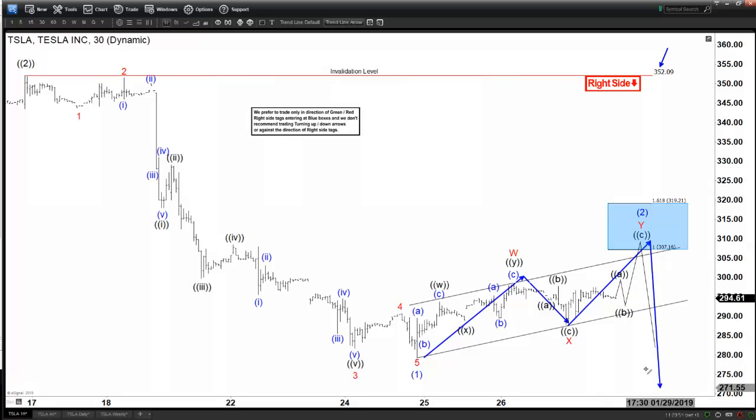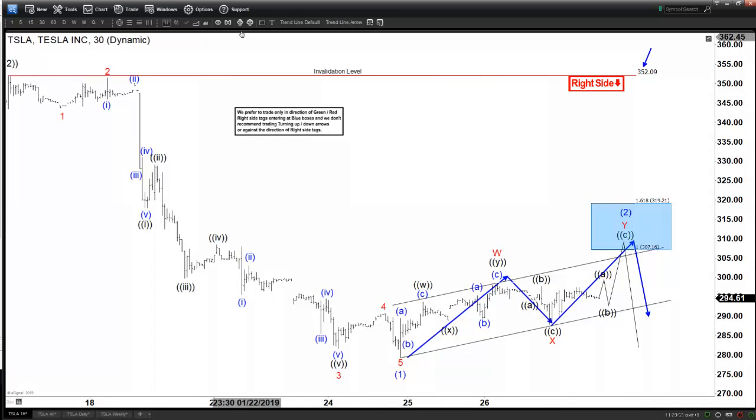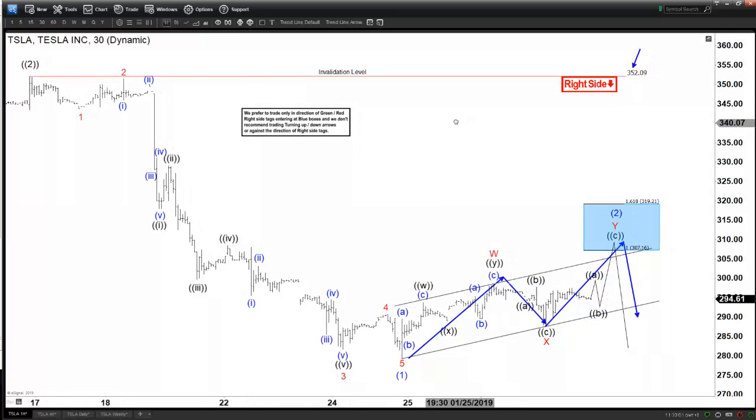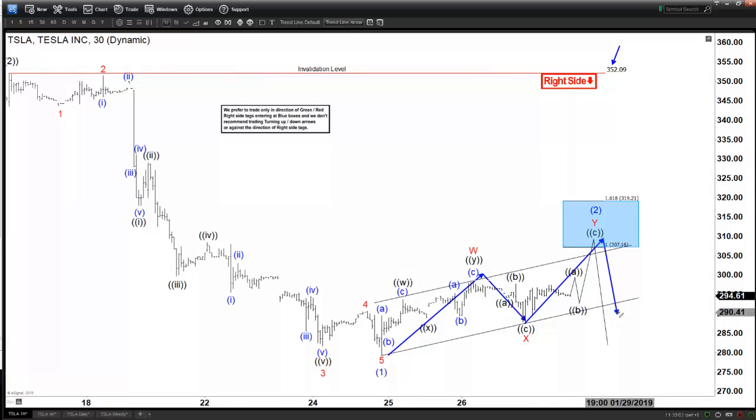Of course, we can also do a bigger correction. For example, we can do something like this and do another 3 waves up from here, and therefore we get another 7 swing. In this case, you will move the label like this, and you will get your wave 2 ending here.